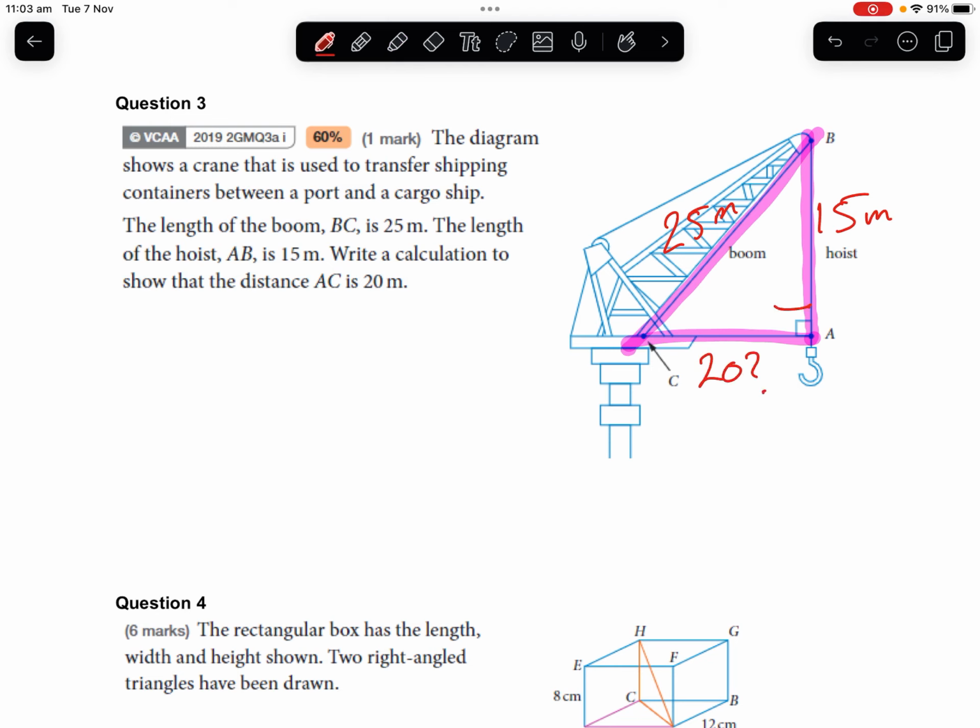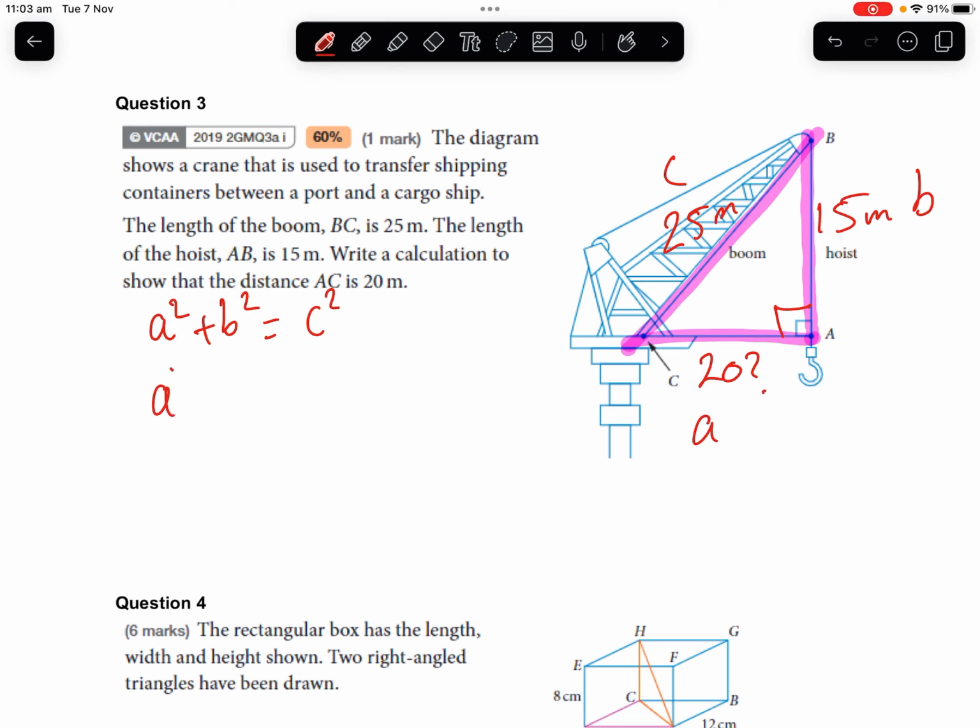As you can see, this is a right angle triangle, so we're going to be using Pythagoras. A squared plus B squared is equal to C squared. C is always going to be the hypotenuse. A and B can be interchanged. I'm going to label this as B, label this as A. So we need to basically find what A is equal to.